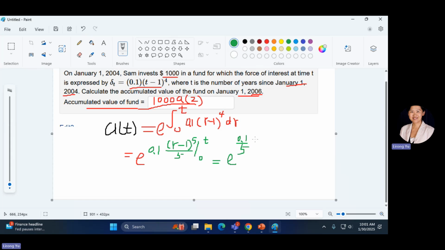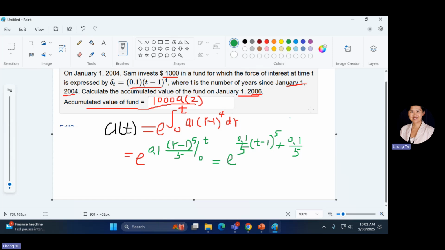If we put in t, it's (t minus 1) to the power 5. If we make it 0, it's minus 0.1 over 5 times (0 minus 1) to the power 5. Actually, it's plus if we plug in, right? 0 minus 1 is negative, so it's negative 1 to the power 5. So that's what we have, and that's our AT.